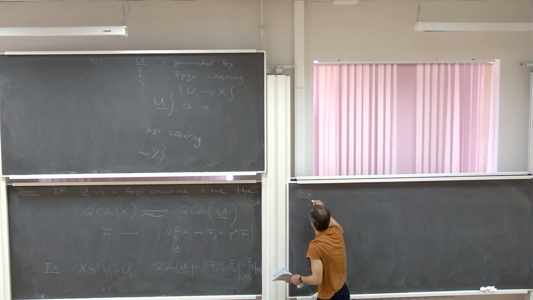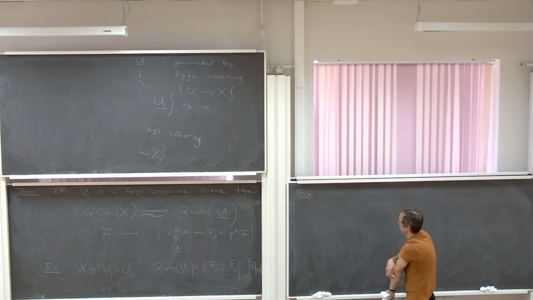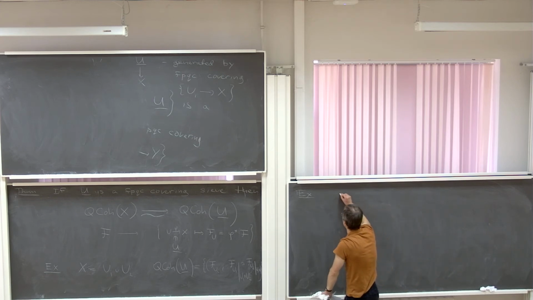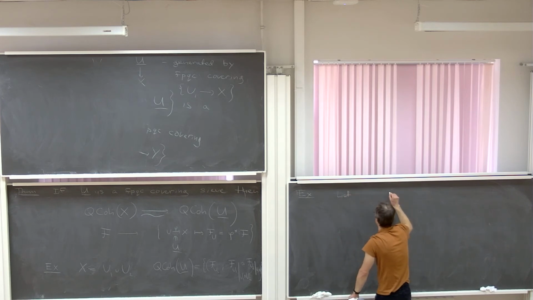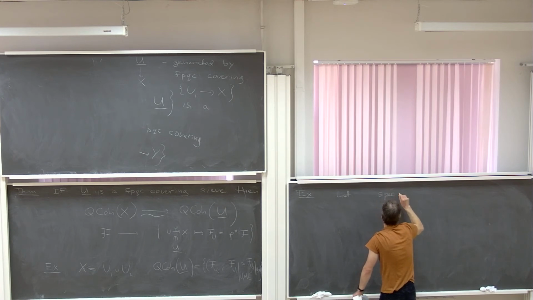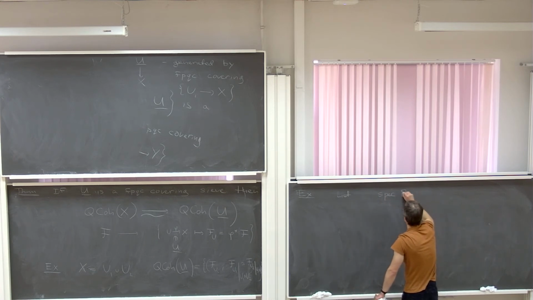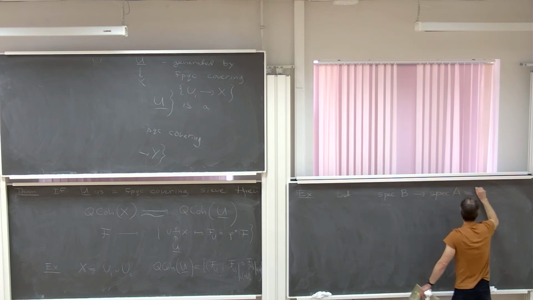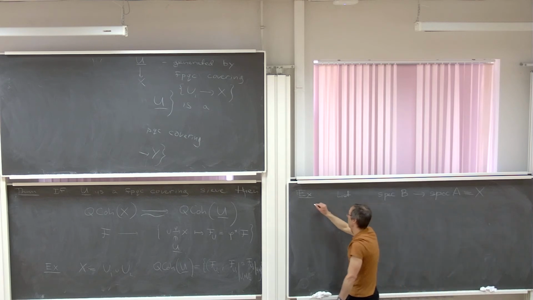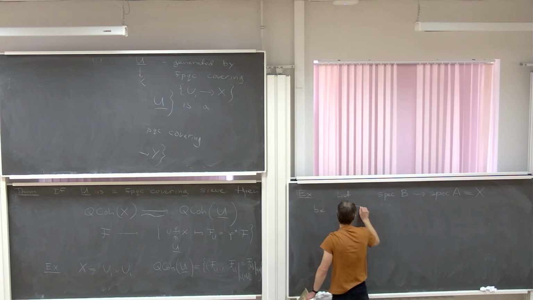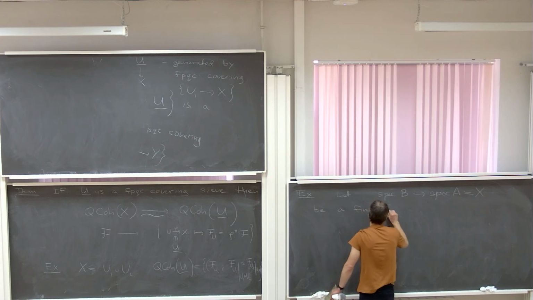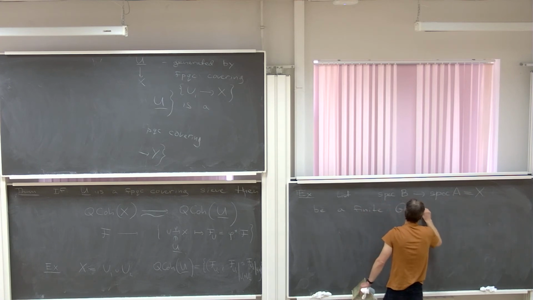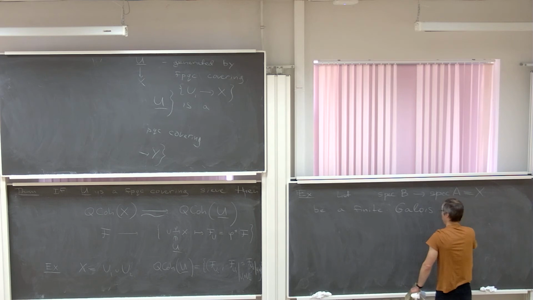Non-trivial example. Suppose I have a map Spec B to Spec A, this will be my X, to be a finite Galois cover in the sense we discussed earlier.